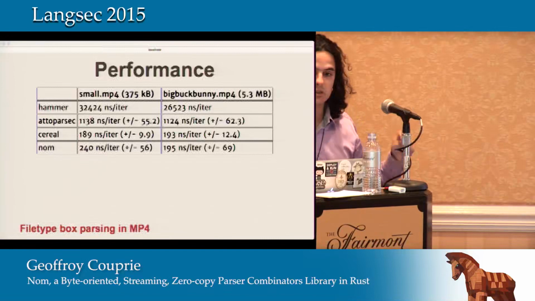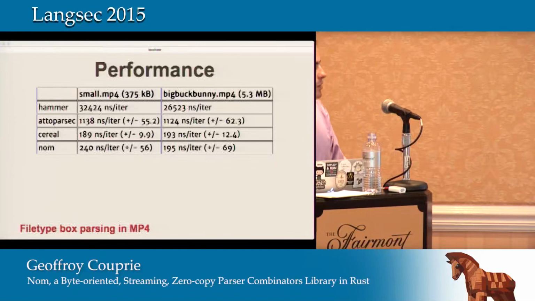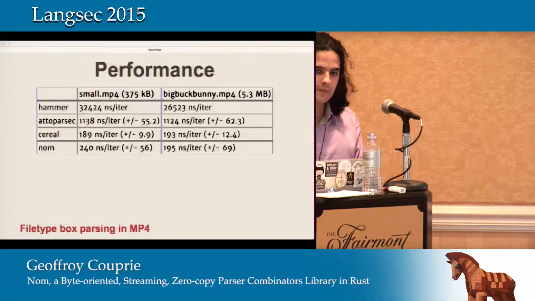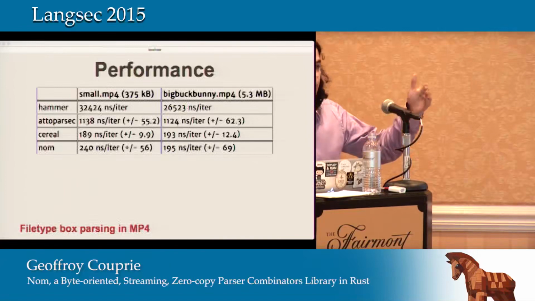Attoparsec and cereal, which are written in Haskell, were just so easy to write and to understand, and quite fast too. That's quite interesting, because at some point we would like to choose easier to read instead of fast, and maybe optimize afterwards. Basically, the attoparsec and cereal parsers are just one or two lines different, nothing like that.